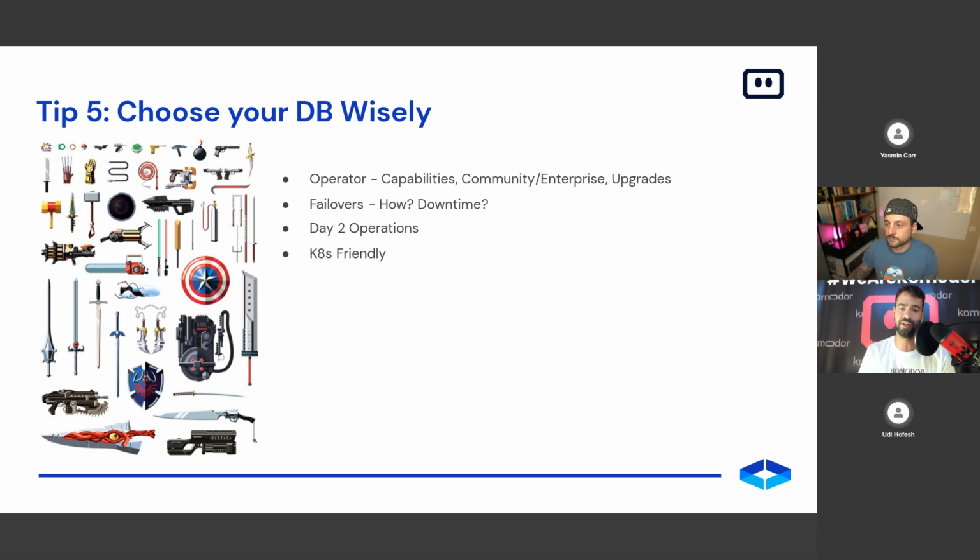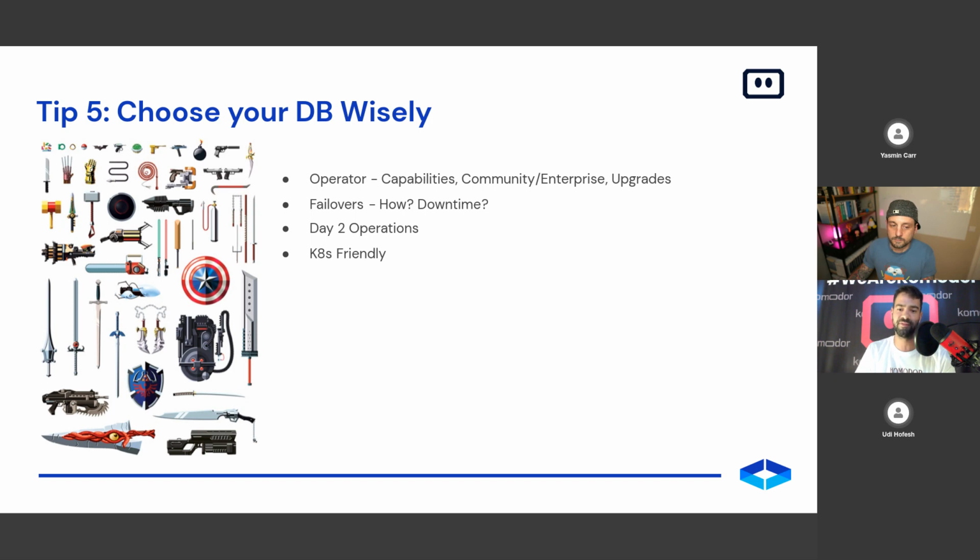Some of them are community, which are open source, and some of them are enterprise with a lot of enterprise features, for example, more security, maybe a web UI. Some of them support upgrades, which is something you want to have when you're moving to production, and some of them don't. Most of the common databases have a few operators.